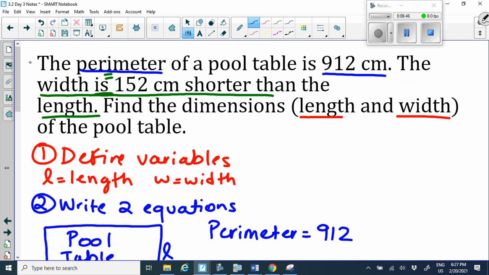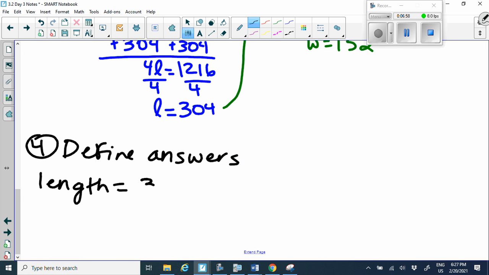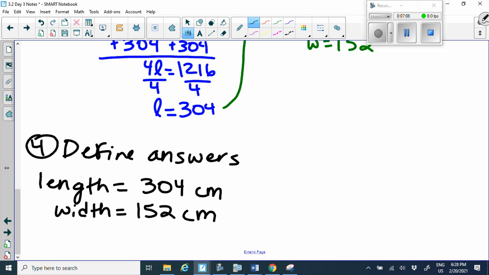They told us the perimeter was in centimeters, so we have to make sure we use centimeters as our unit here. So the length is 304 centimeters, while the width is 152 centimeters. When we look at our answers, they do make sense. They're not negatives, because can we have negative numbers for length and width? No. And if we plug them back into both equations, we will get true statements. So this will be your final answer here.